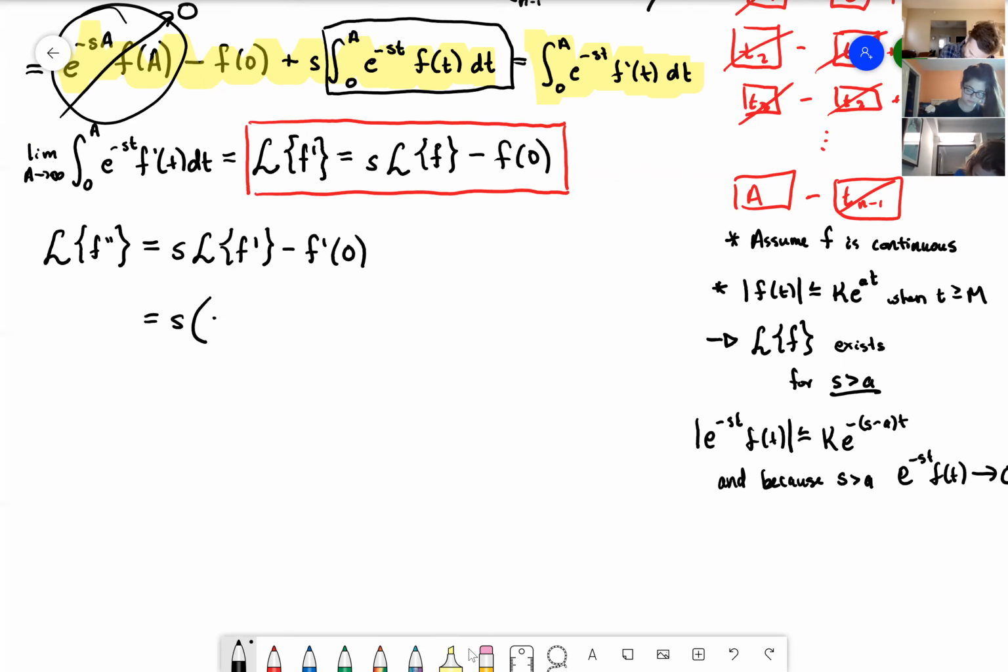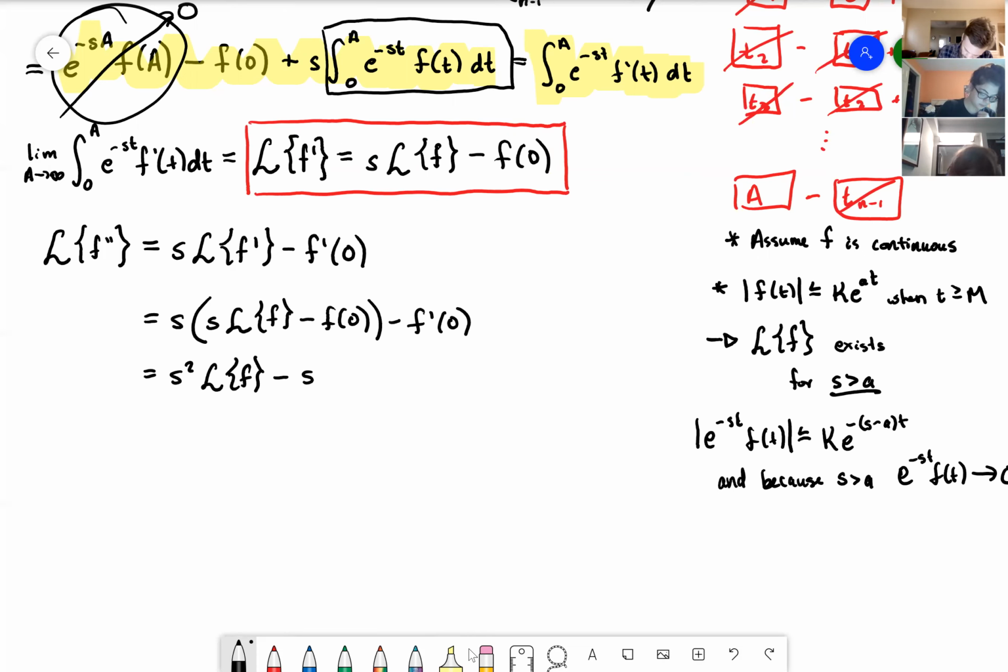And this is just s times this quantity, s times the Laplace transform of f minus f of 0, minus f prime of 0. So this is s squared times the Laplace transform of f minus s times f of 0 minus f prime of 0.